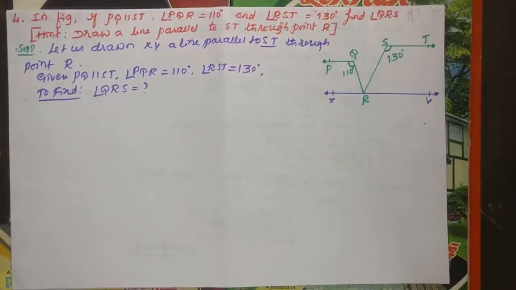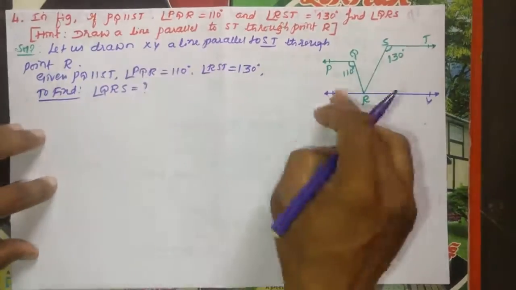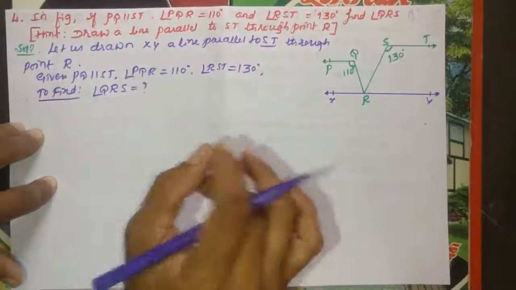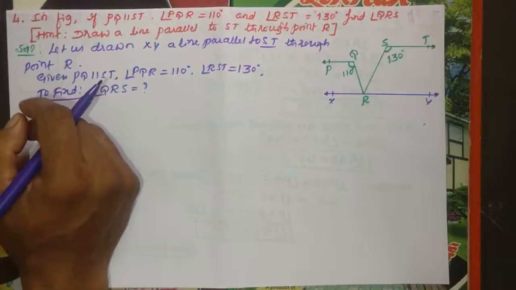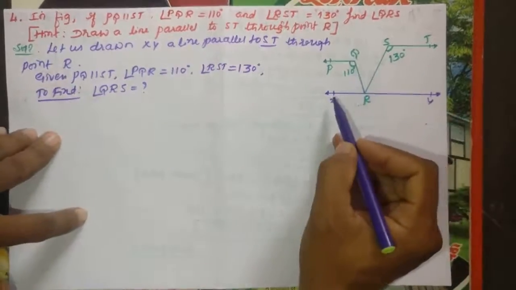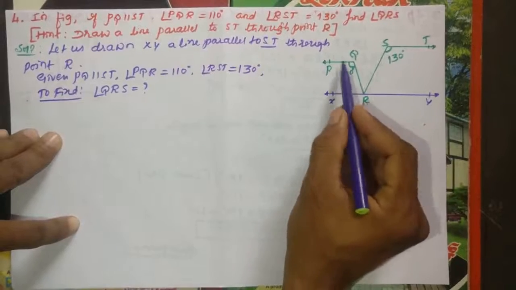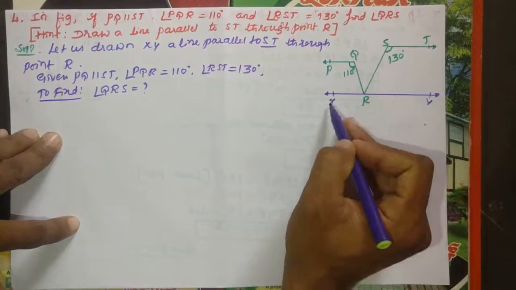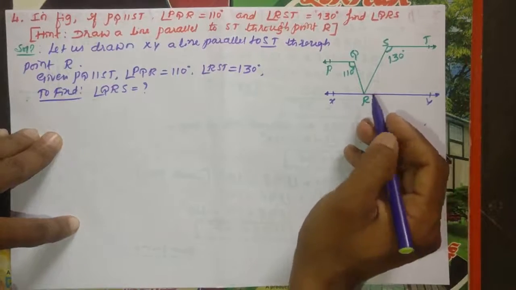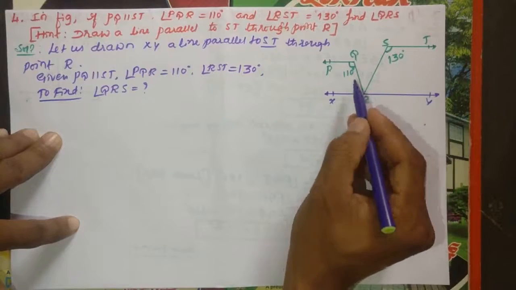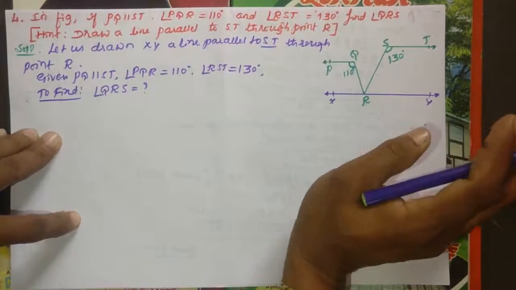We drew XY, a line parallel to ST through R. Now angle PQR plus angle QRX is equal to 180 degrees, because co-interior angles on the same side of the transversal, that is QR.